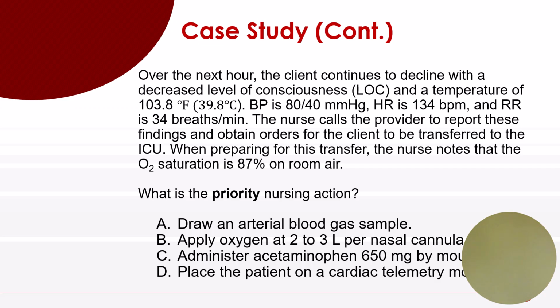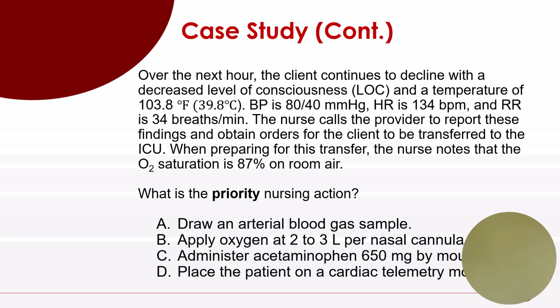We can request an ABG sample, but I'm not going to do that right now. Let's get them to ICU first, where they're better equipped to care for a client that is in this critical state. The client's elevated temperature also needs to be addressed, but that would be the last thing we do.